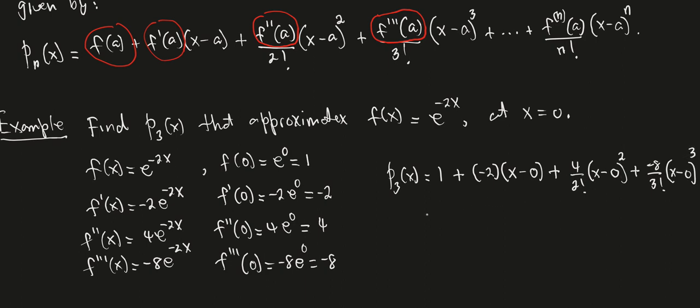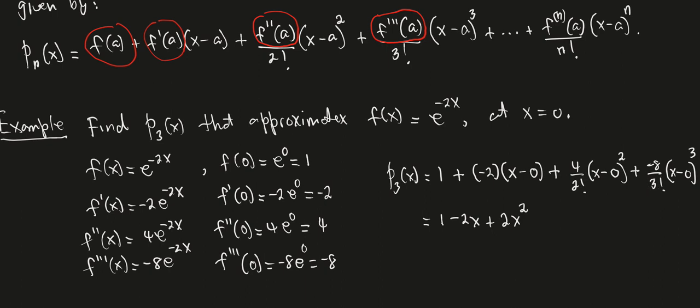All right? And let's simplify it and get this polynomial. So we'll bring down our 1. The next term is minus 2x. Now, 2 factorial is 2. 4 divided by 2 is 2. So the next term is 2x squared. And then let's write down the cubic term. 3 factorial is 6.